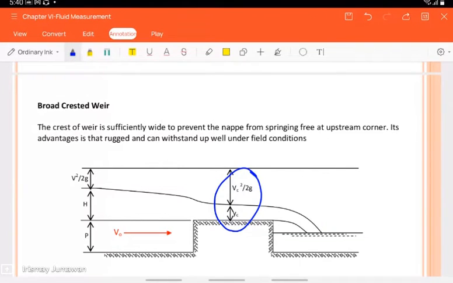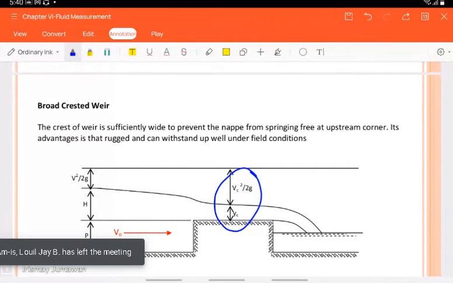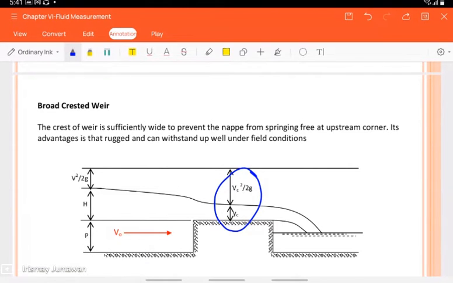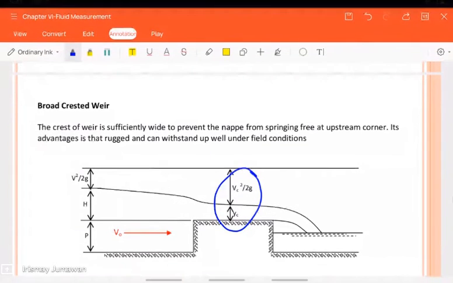So we have two types of weir based on its crest: sharp crested weir and broad crested weir. Again, based on crest, sharp crested weir and broad crested weir. Not all the sources show the derivation.